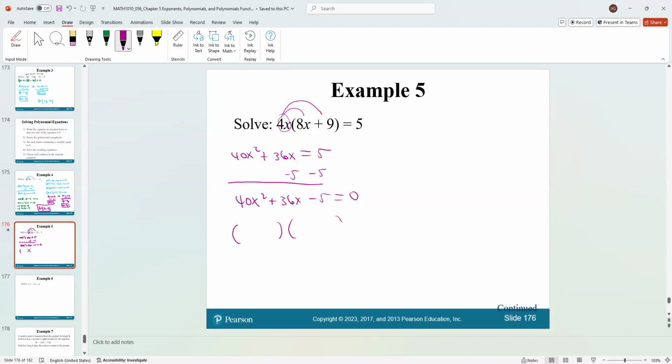Remember, you can write 40 multiple ways. We have 4 times 5 times 8 is 40. We have also 4 times 10 is 40.